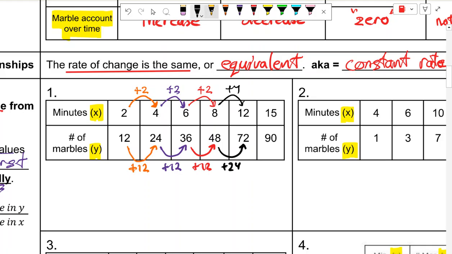Okay, and then the last one from here to here is a difference of 3, and then down here the difference is 18. So plus 18. Now you see some fluctuations there in our comparisons, but this is how you find the constant rate of change.